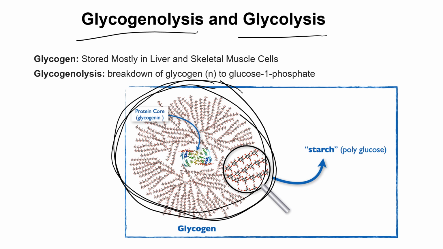If you were to look inside of a skeletal muscle cell after a high carbohydrate meal, you would see lots of what are called glycogen granules. They look like little pebbles inside of the muscle cell, and they're all glycogen.